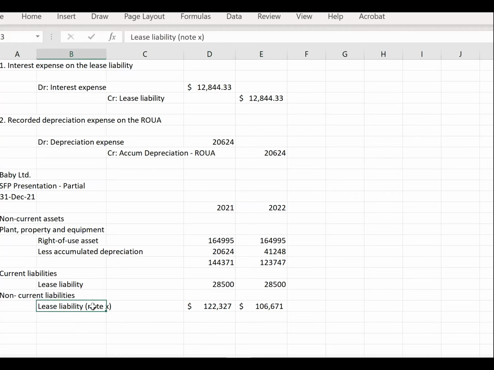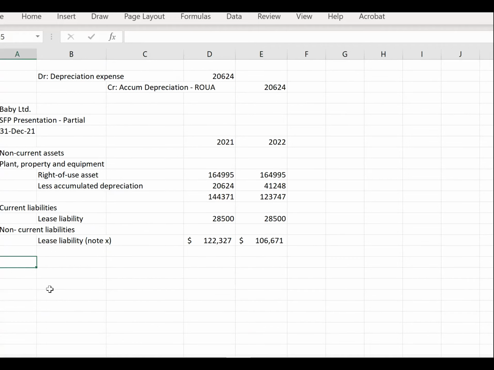Now, it's important to note that there's a note X here beside the long-term lease liability. And this kind of takes us on to a whole other thing. So what we have to do is in the notes to the financial statements, we have to present a schedule of future lease payments under contract-based leases. And this is for all future payments.